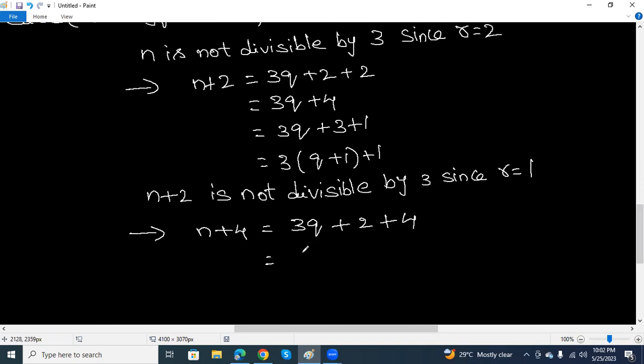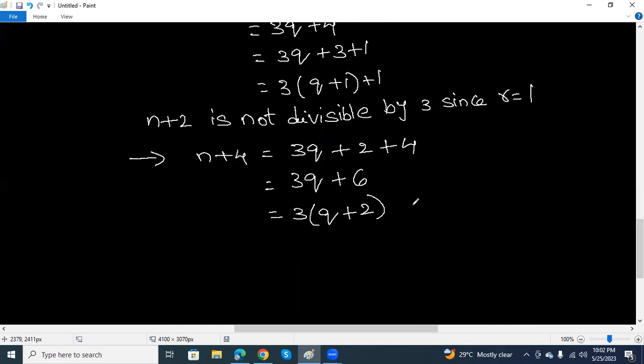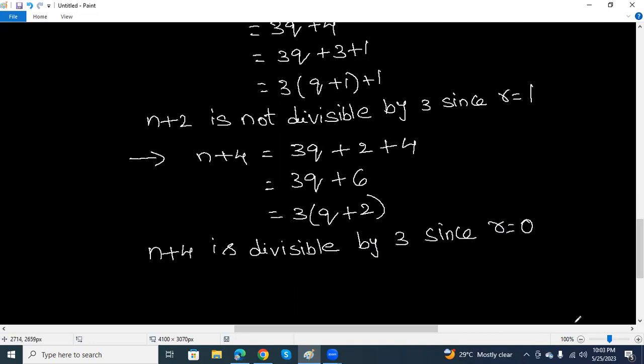Now this is nothing but 3q plus 6, since 4 plus 2 is 6. What is common? 3 is common. 3 times q plus 2. Do we get any remainder here? Nothing. This is like a 3p with a remainder 0. Therefore, n plus 4 is divisible by 3 since the remainder is 0.